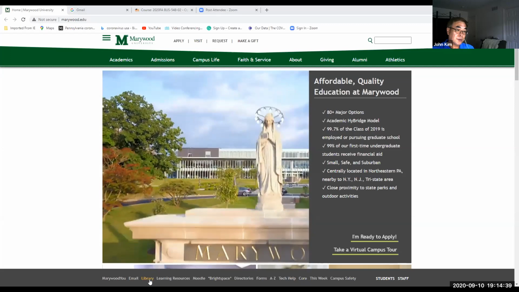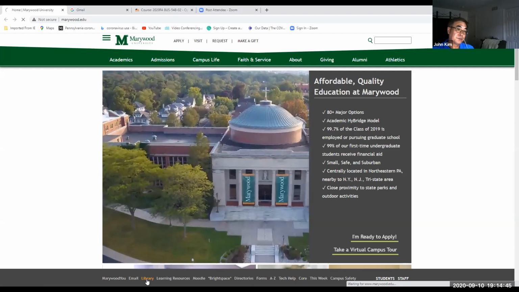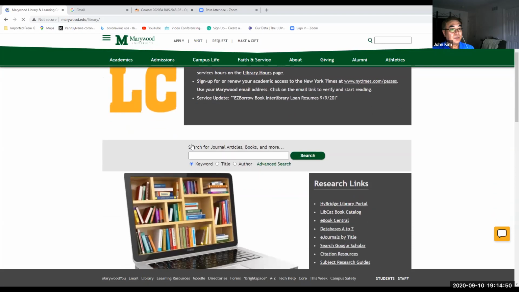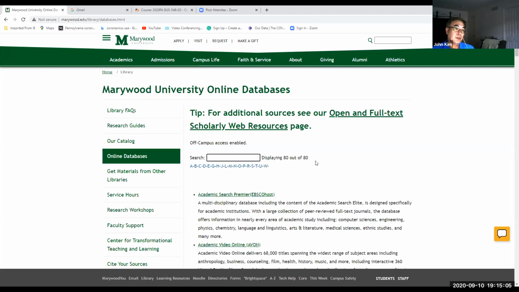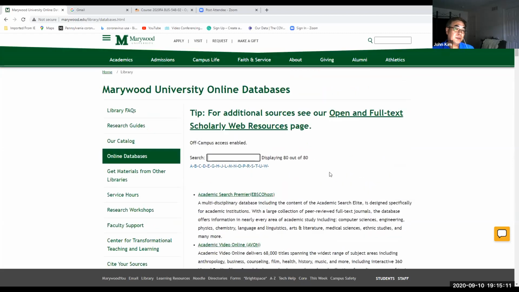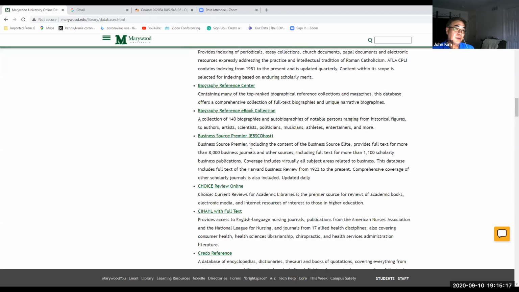Then go to library. Then, where are you? Databases, A to Z. Databases. Then scroll down or type here, find Business Source Premier.